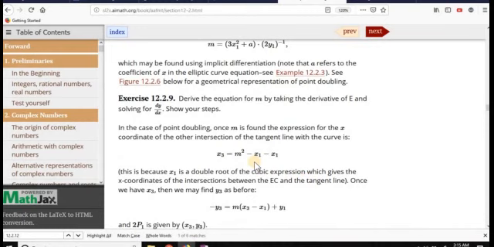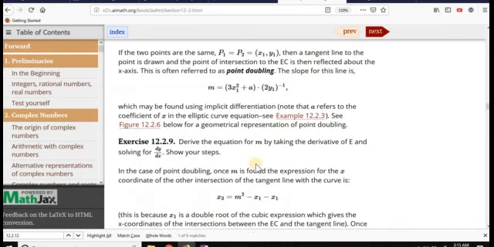This one here? Okay. Well, let's see. Would it be the quotient rule? Well, here it says take the derivative of e and solve for dy dx. So let's go back to e.